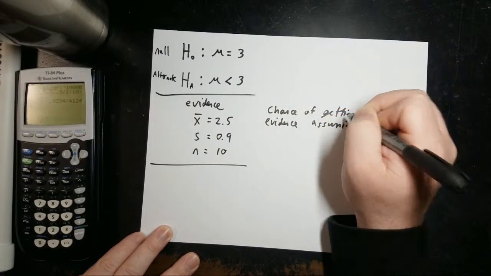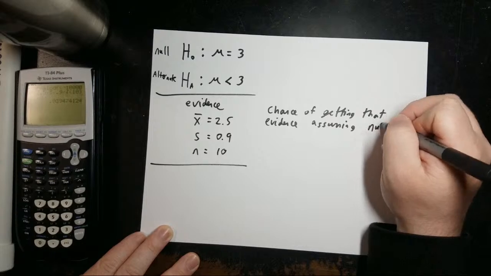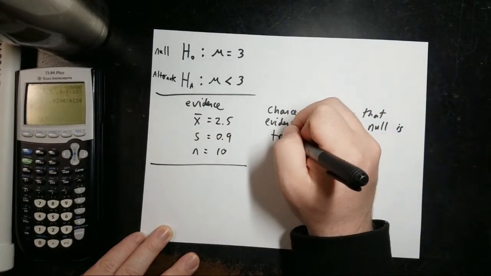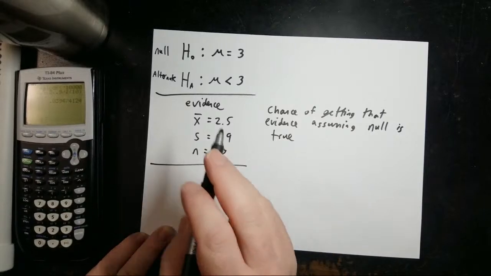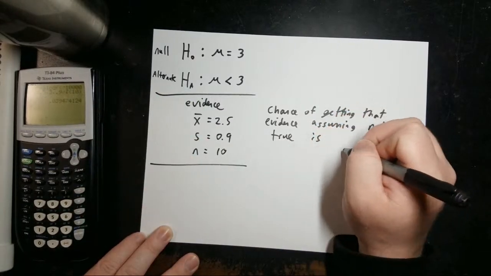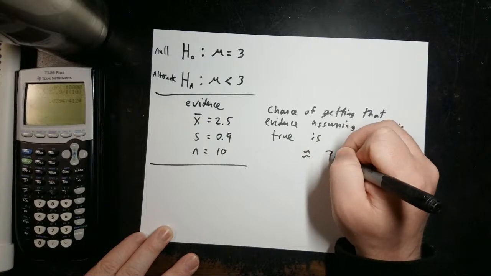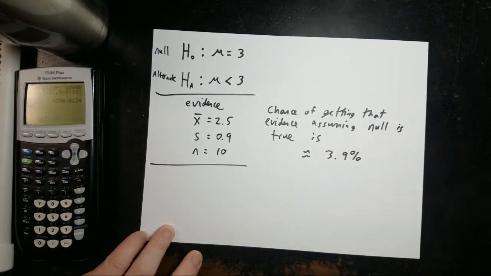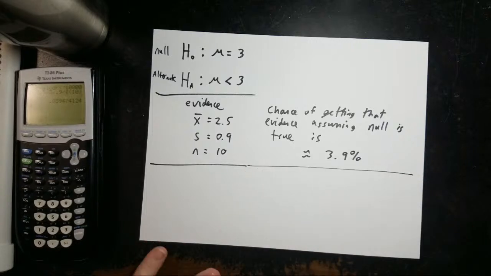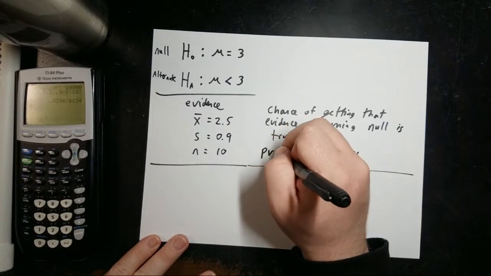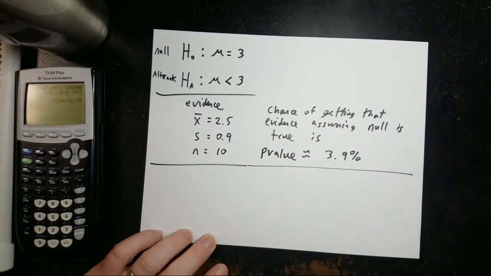assuming the null is true, the chance of getting that evidence, assuming that the null is true, is approximately 3.9%. This is what is known as a p-value.